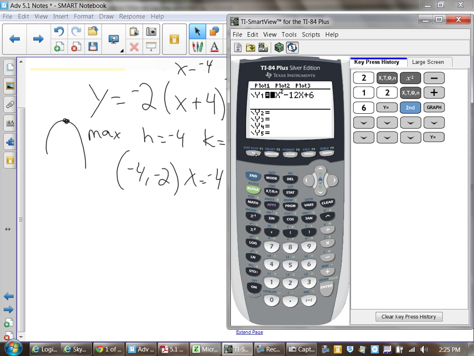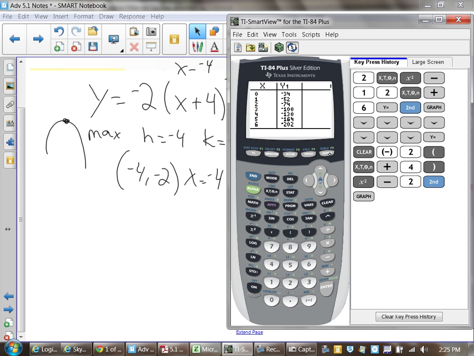We have y equals -2 times the quantity x plus 4, squared, minus 2, and go to your table. What value should I center on my table? -4, because -4 is my axis of symmetry. That means one value above -4 and one value below -4 are symmetric twins.